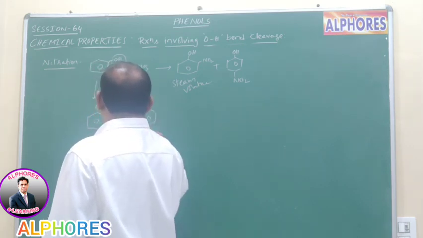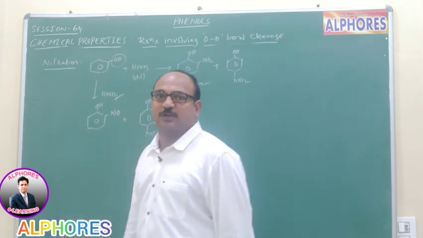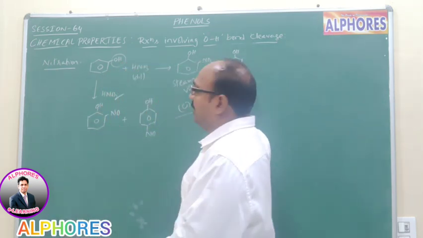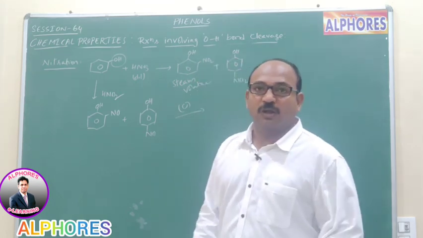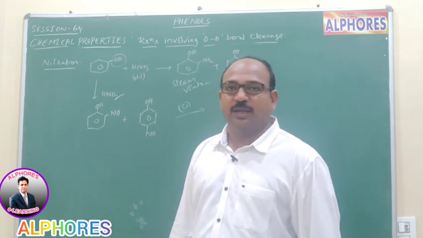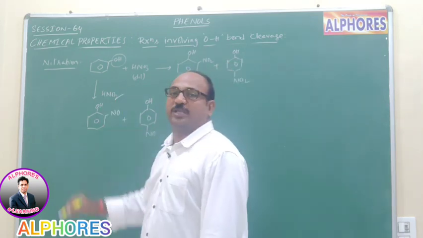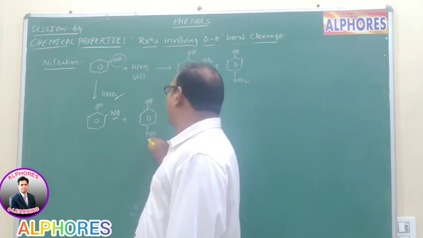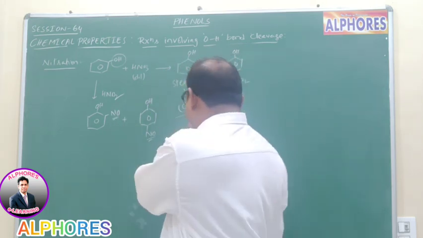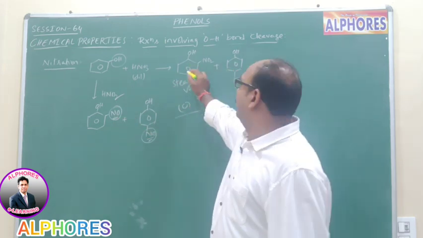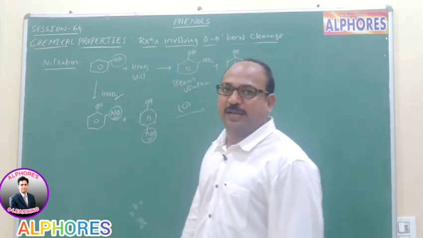These two, upon further oxidation, give the nitro products. So we cannot expect direct nitration by HNO3; instead of HNO3, HNO2 may participate in the reaction, and we get the NO group in ortho and para positions. This NO group is oxidized to NO2, and we get the NO2 in ortho and para positions.